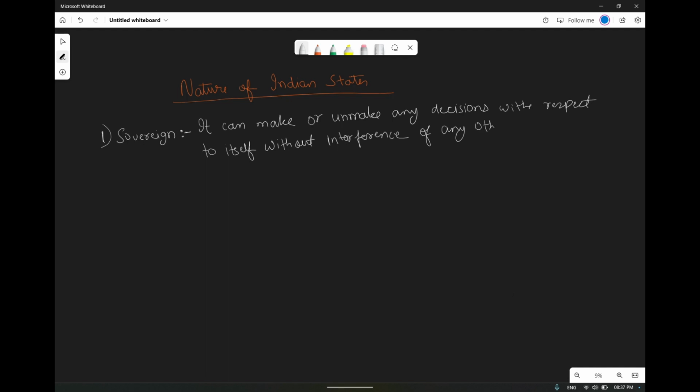India is completely independent to take any decision for itself. That is what is meant by sovereign.